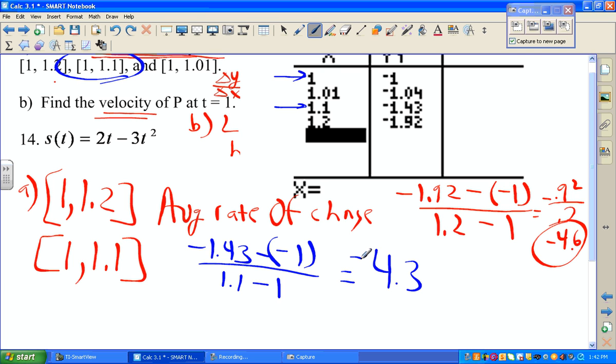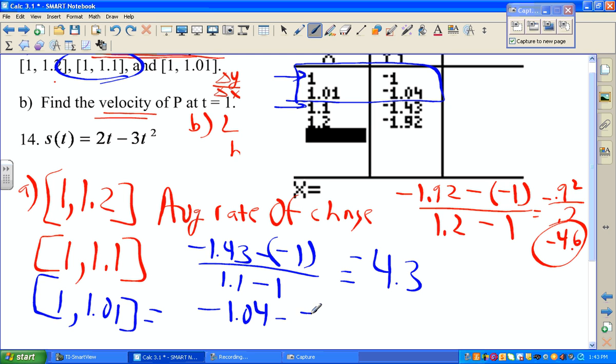And for part C, 1 to 1.01, so I'm going to use these 4 values. Negative 1.04 minus negative 1 all over, wait a minute, that's not right, 1.01.